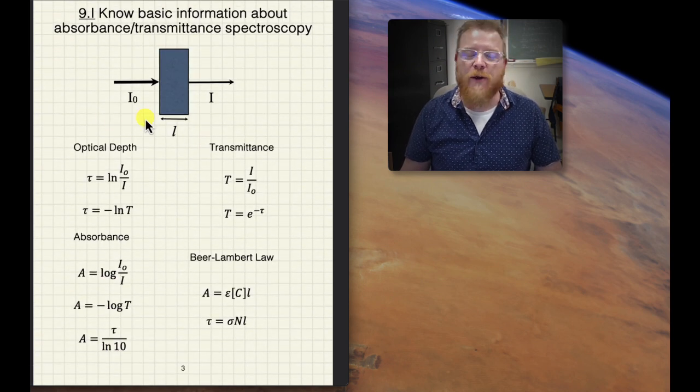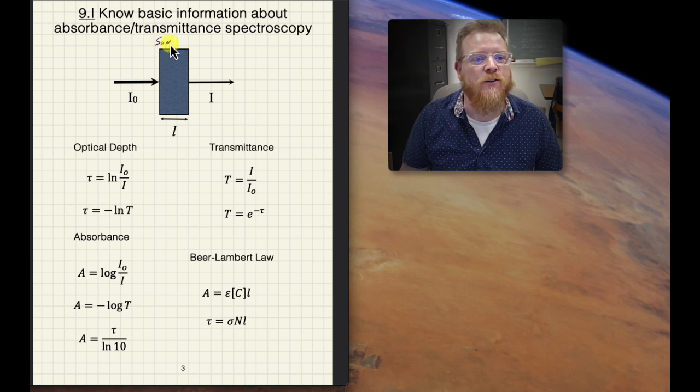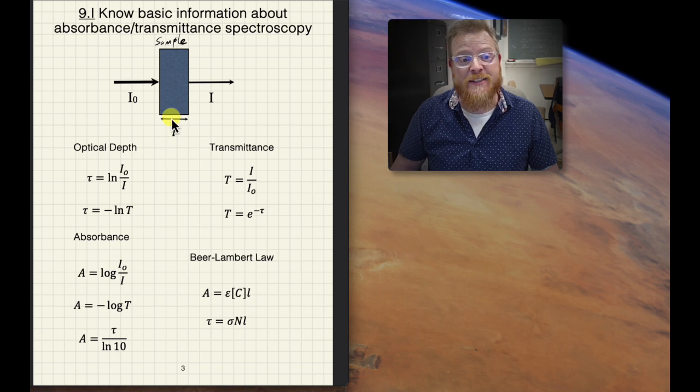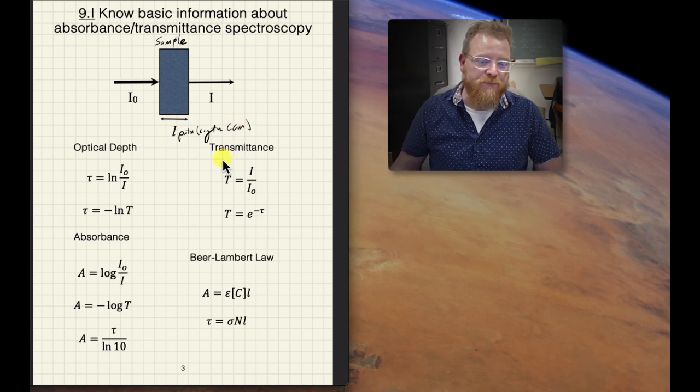So I'm sure you've probably all seen a picture like this before, maybe even in my class. So here we have some absorbing sample in a container of path length L, typically given in units of centimeters.